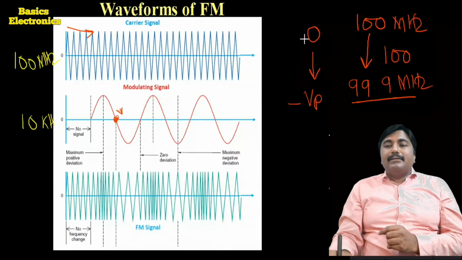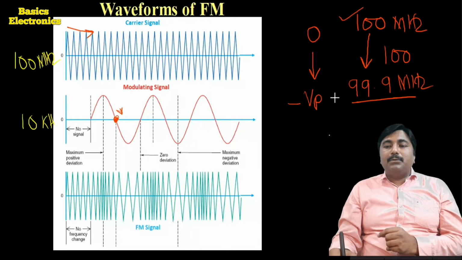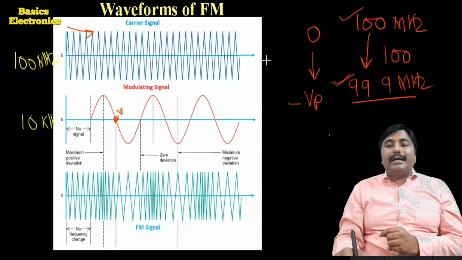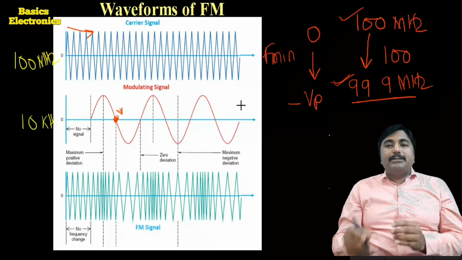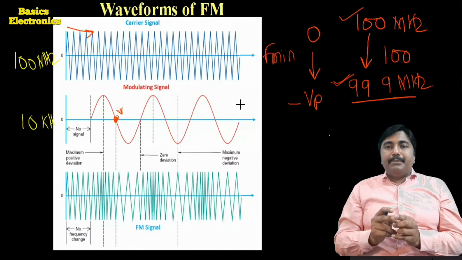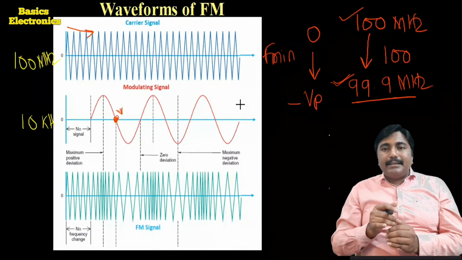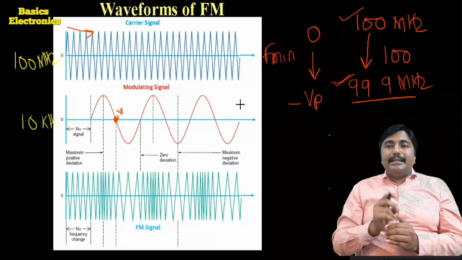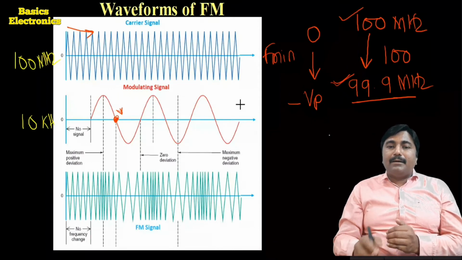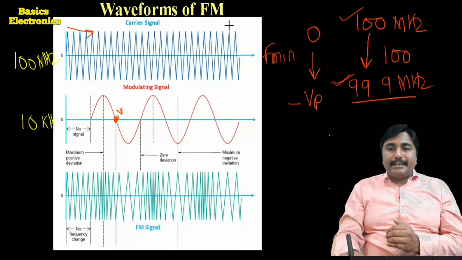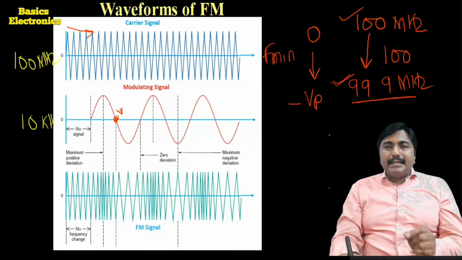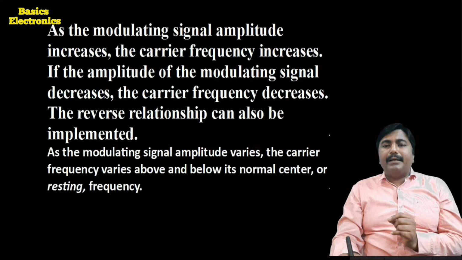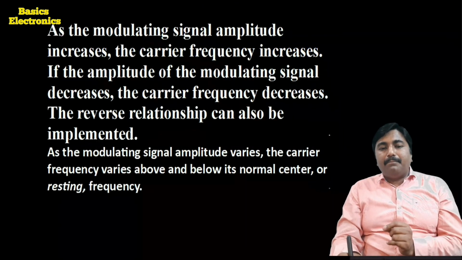It decreases from 100 megahertz to 99.9 megahertz. This value we call F minimum. Okay, so as the amplitude changes, the frequency also changes. The change in the frequency we call the frequency deviation. So this is the simple explanation of the frequency modulation.